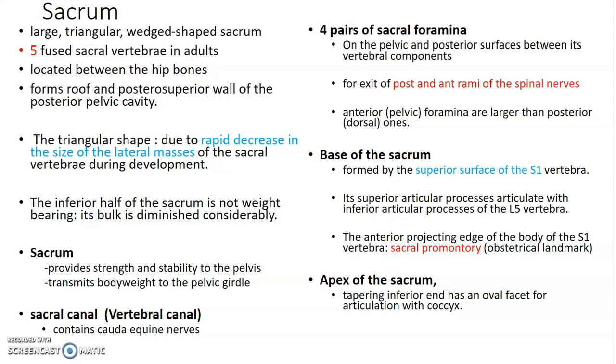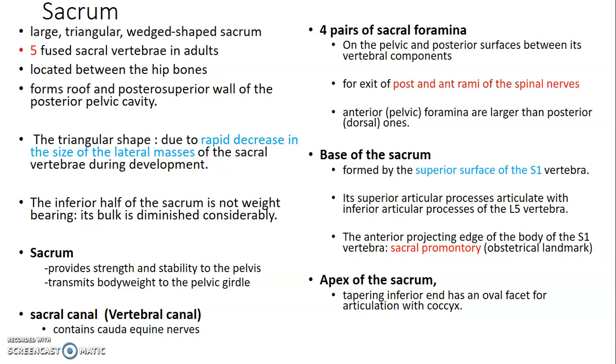The sacrum has a base. This base is at the top at S1 vertebra, and it has articular processes that articulate with L5 vertebra. And remember, the anterior part of the first sacral vertebra projects inwards and forms the sacral promontory.